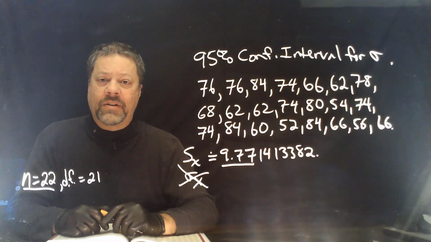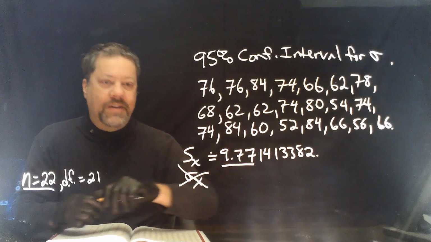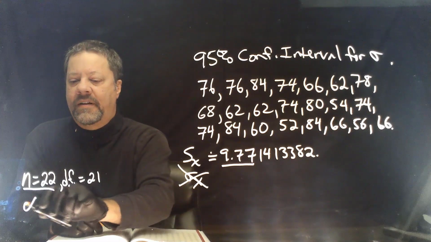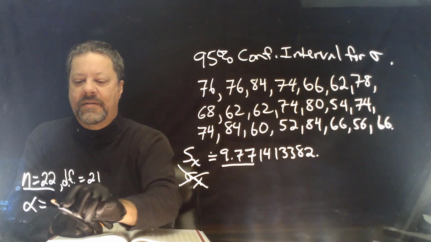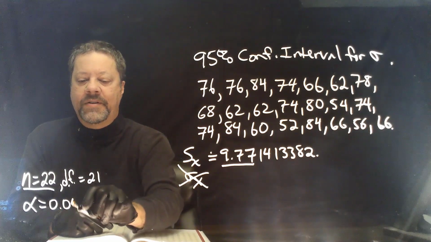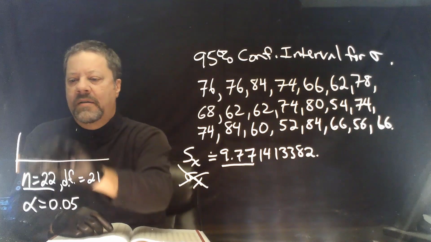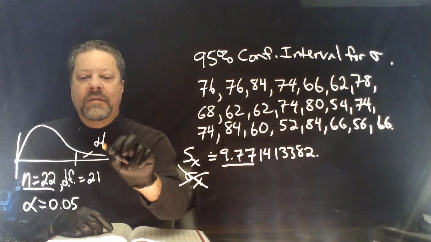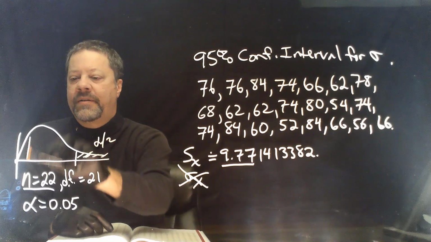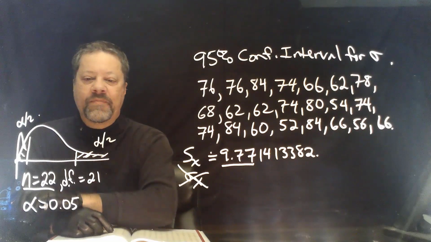Now, to get the critical chi-squares, I'll use table A4 on page 735. The confidence level is 95%, so alpha is 0.05. We need to split that between the two tails. Alpha over 2 here, and alpha over 2 here.